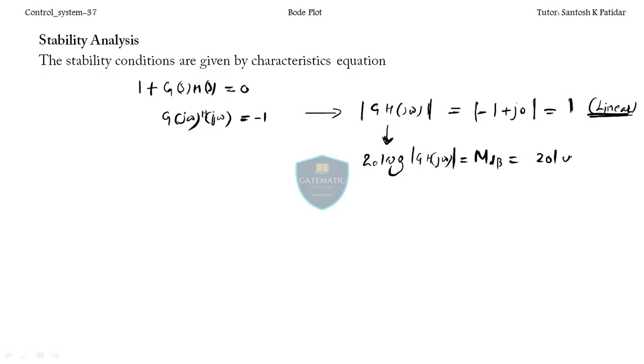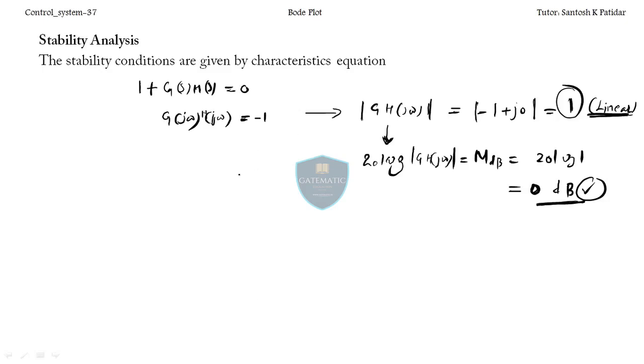Over here you will take 20 log 1. 20 log 1 is nothing but 0. So in dB, your magnitude for the stable system is 0 dB, and in linear it should be 1, isn't it? Correct?